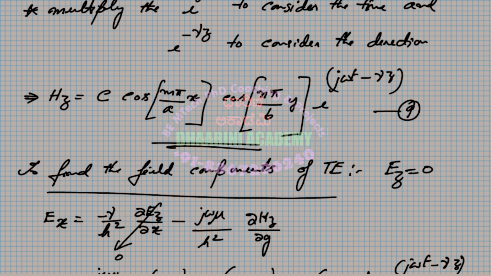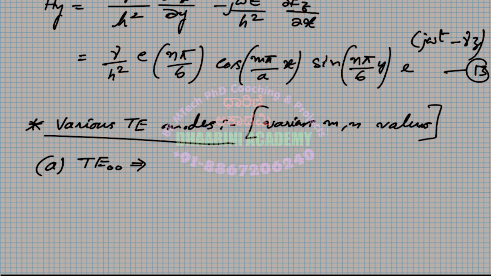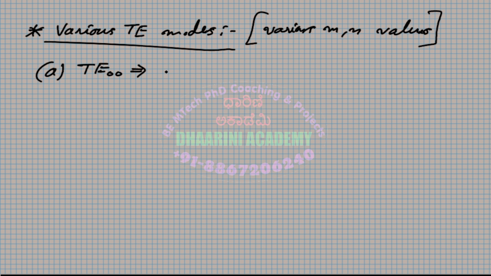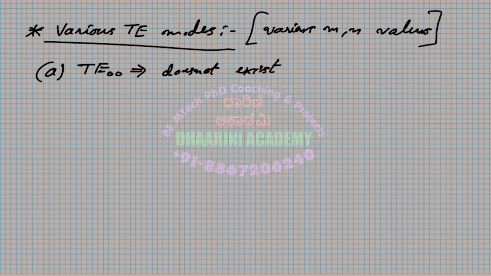Ez is 0, so only one component remains, which is not sufficient for the wave to propagate. So that means it does not exist. One of the 4 components should be there. Or if you remember the fundamental we studied in electromagnetic waves, in order to propagate an electromagnetic wave you need at least 2 components, any 2. Only one exists means you cannot.